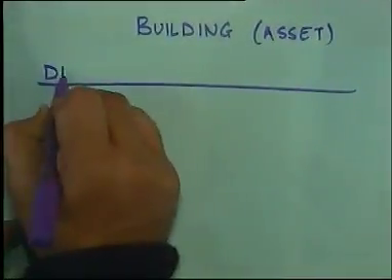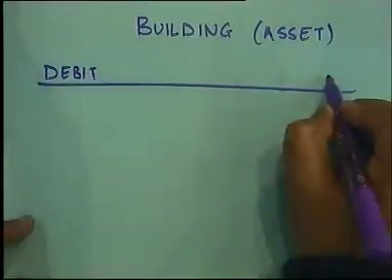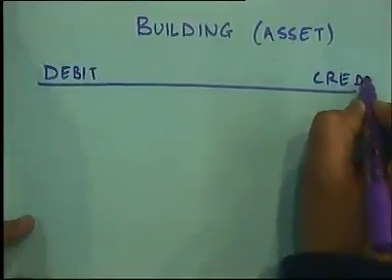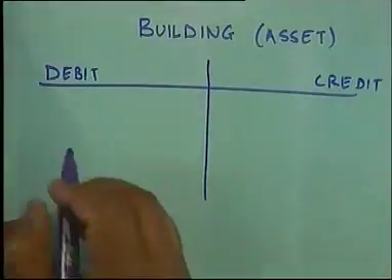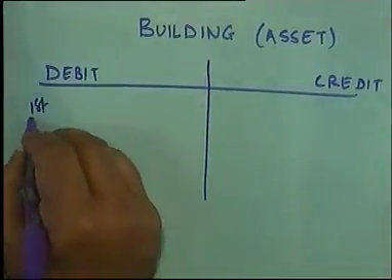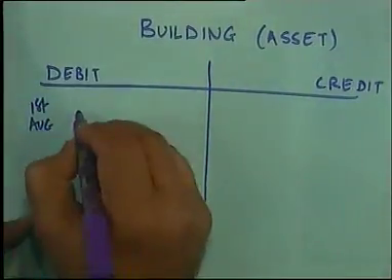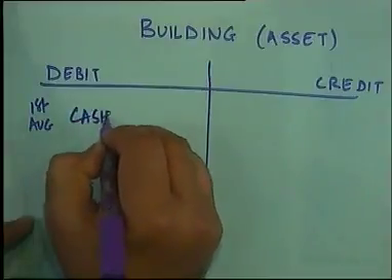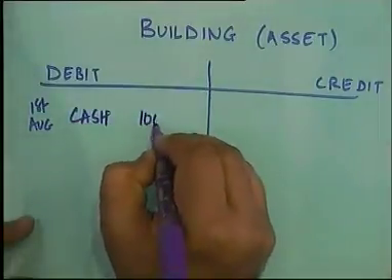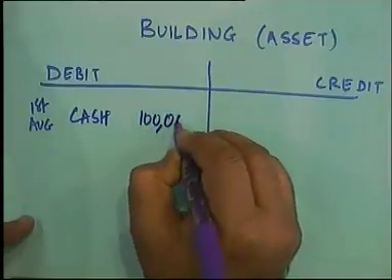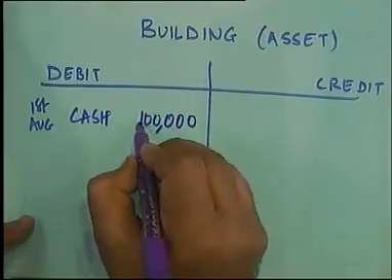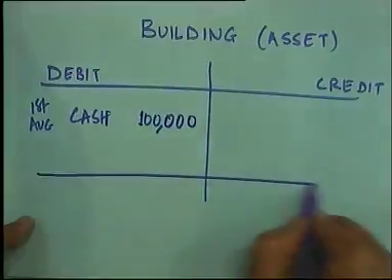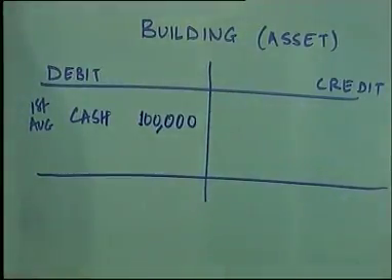I had debit here and credit here. On 1st of August, in the form of cash, I purchased this particular building, so increase in asset, and I had recorded it under debit side. This is what I had done.